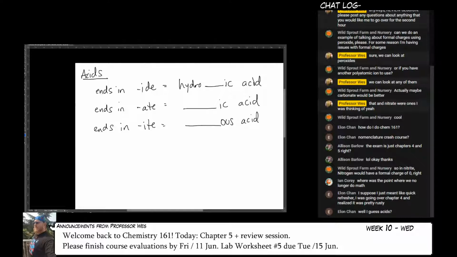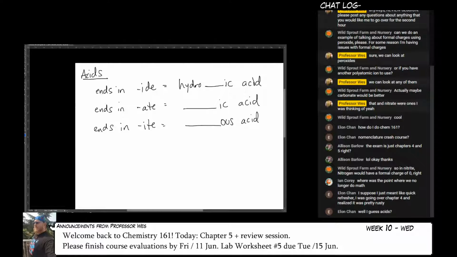Where the stem and ide is the name of whatever it is you're working with. So like cyanide follows this pattern, chloride, nitride, sulfide, etc. Ate would be things like sulfate, periodate, hypochlor... oops, that's wrong.